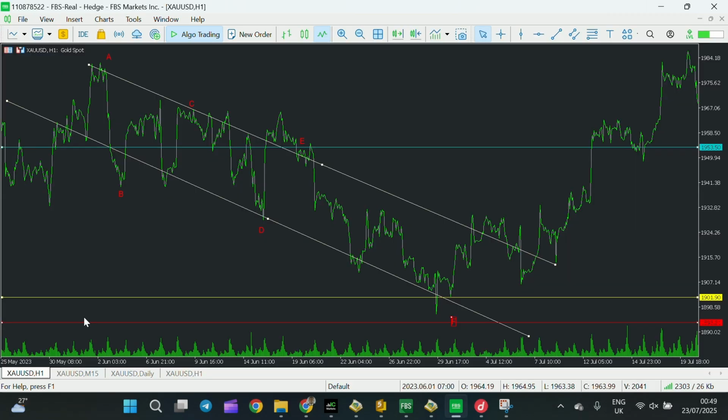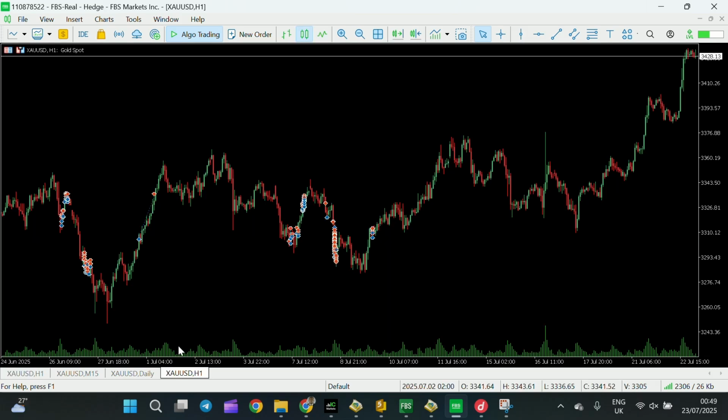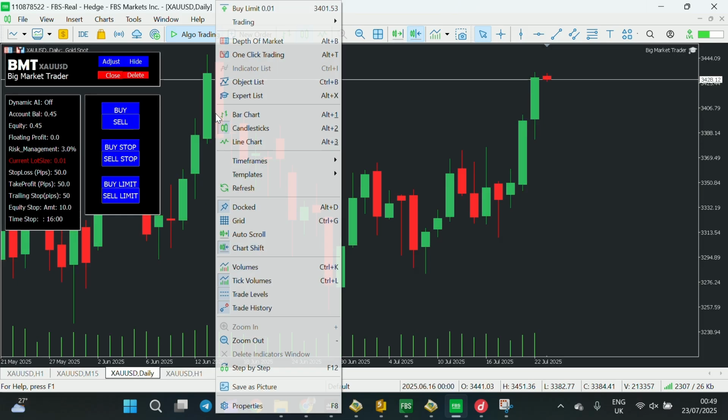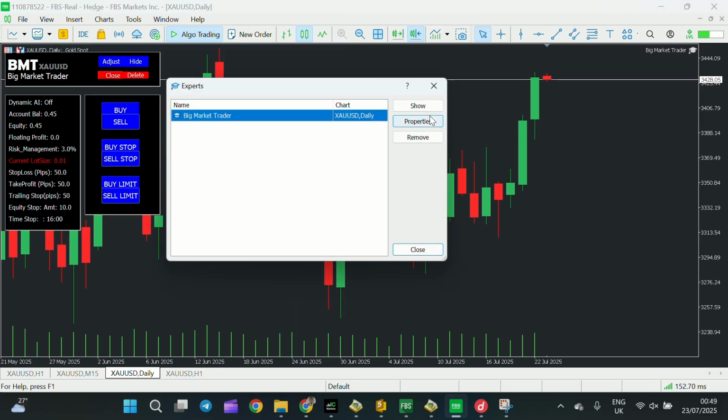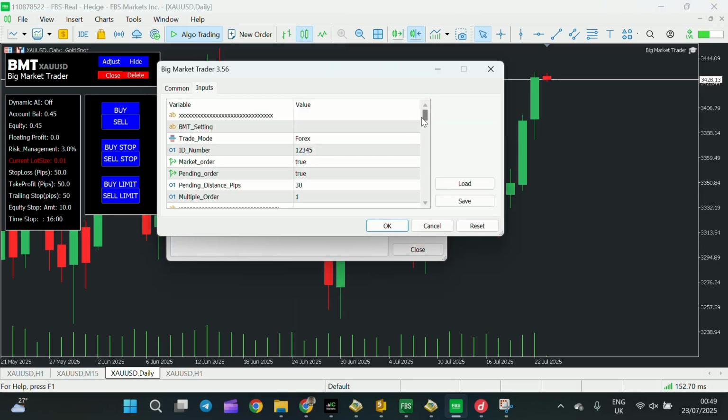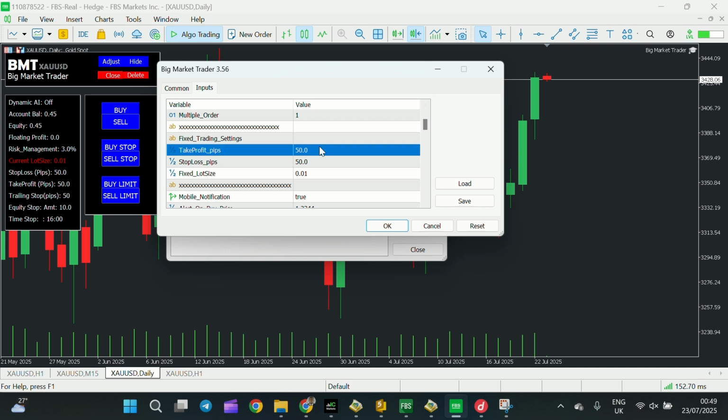So to practically use this in your trade, all you have to do is this. You set your take profit, let's make it 300 or 400 pips, and your stop loss will be, let's say, 100 pips.